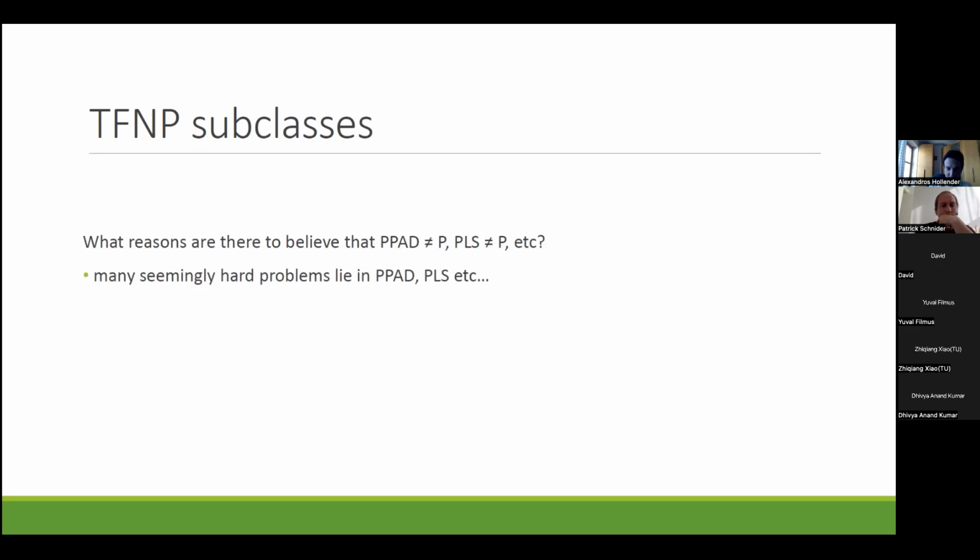The first reason, which applies to most of these things, is essentially that we have many seemingly hard problems that lie in these classes, meaning that if you could solve one PPAD-complete problem, you would be able to immediately solve all of them efficiently. And so that is some kind of evidence. These are problems that are seemingly hard in the sense that many people have tried to solve them efficiently and have failed, and they would immediately collapse to P if you were able to solve one of them.